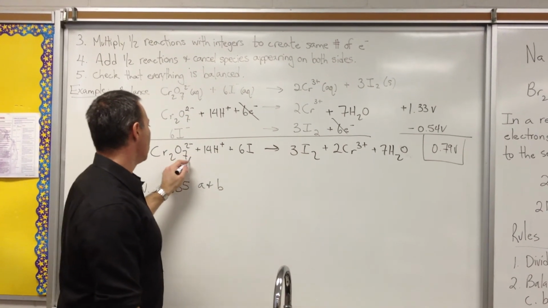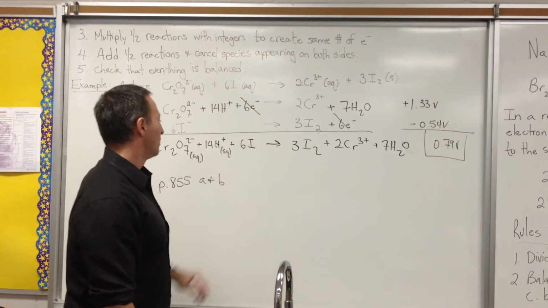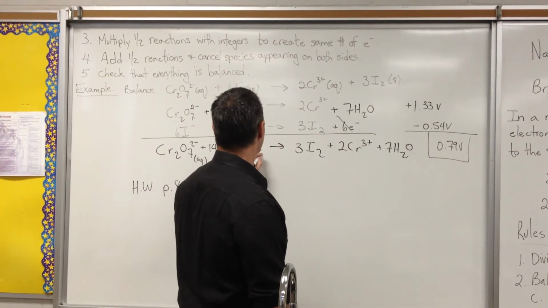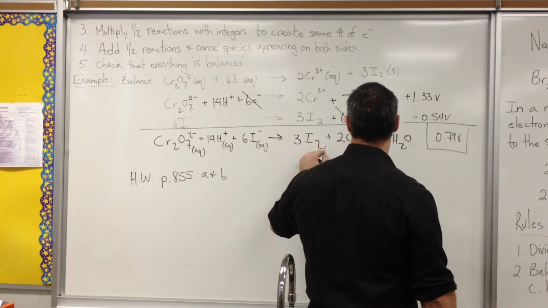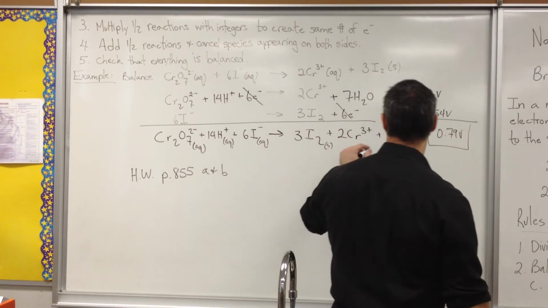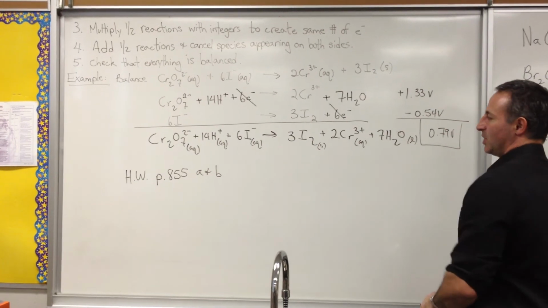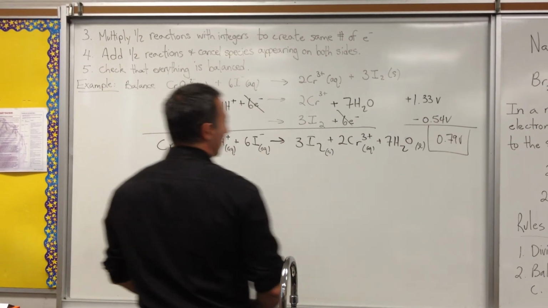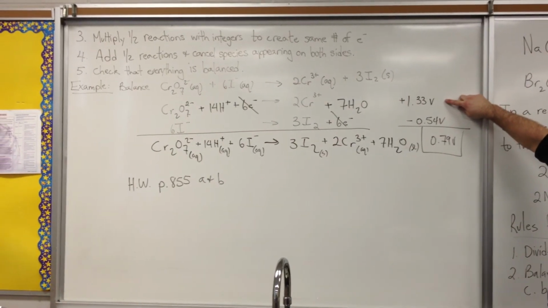And you can throw in the states of all the various species that are in solution at the end. Usually save it for the end because it tends to clutter the calculation. This would be taking place in acidic solution.